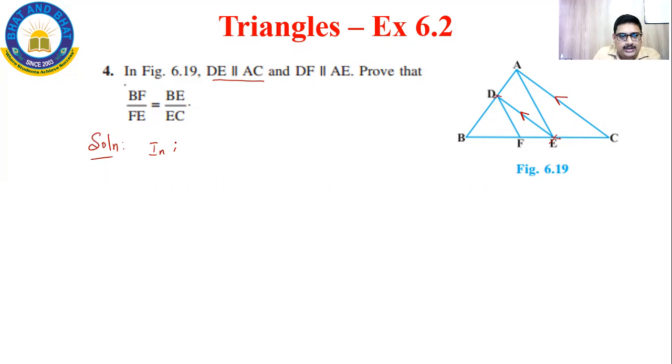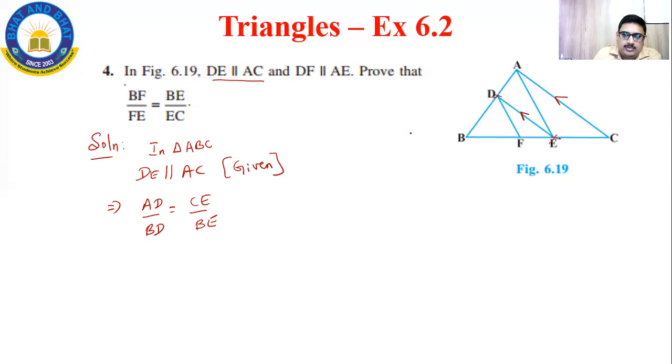So in triangle ABC, DE is parallel to AC. Why? Because this is given. That means what is my conclusion? I can say AD divided by BD is equal to CE divided by BE. That means AD divided by BD is equal to EC divided by BE. So I'll consider this as the first part.